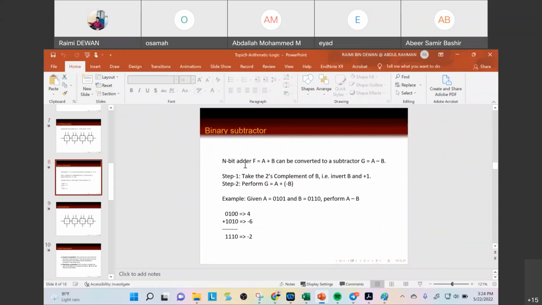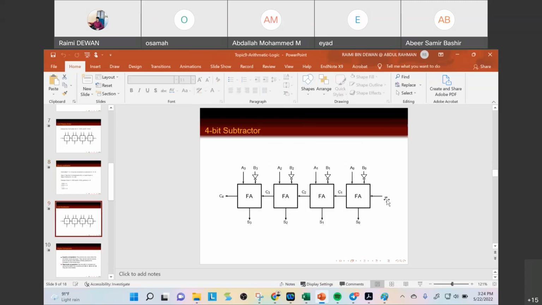And the bit adder, F equals A plus B, can be converted to a subtractor, G equals A minus B. First you need to complement: invert B and add 1. You see here? Invert B and add 1. So that's why you have a 1 here.